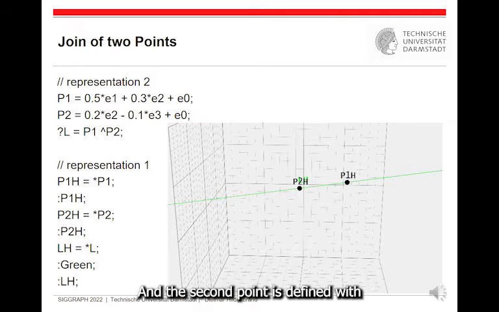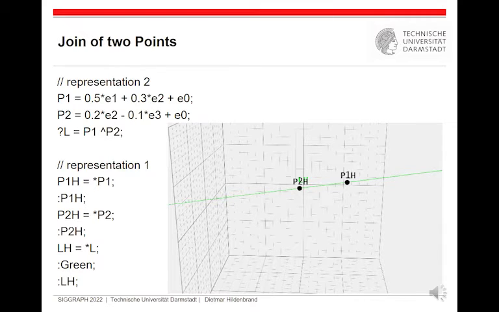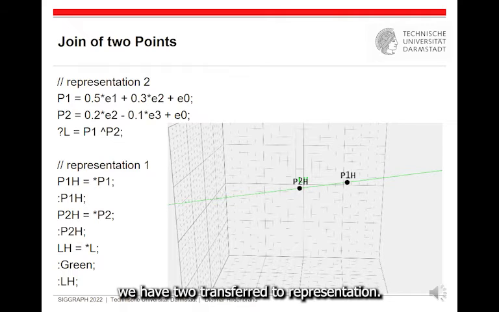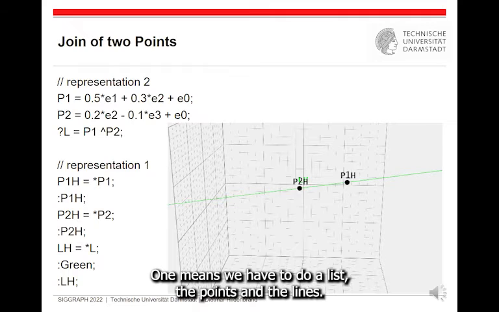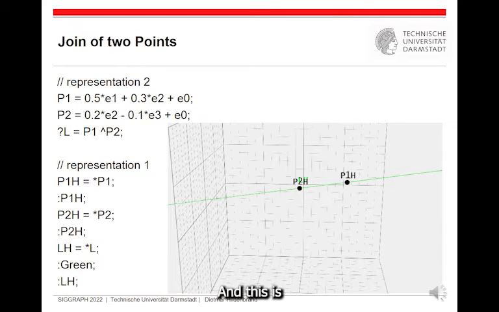And the second point is defined with y-coordinate of 0.2 and z-coordinate as minus 0.1. If we wedge them, they are joined to the line L, and if we would like to represent the points as well as the line, we have to transfer it to representation 1, meaning we have to dualize the points and the lines, and this is done in the visualization part of this Gallop script.